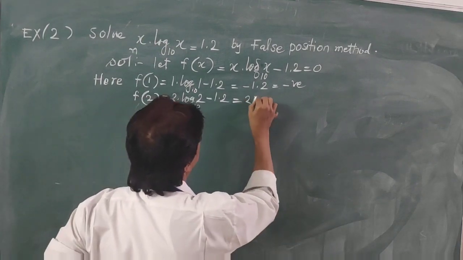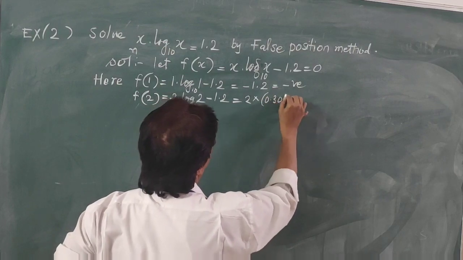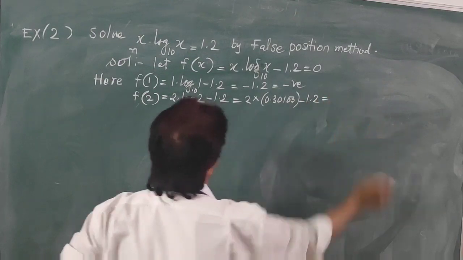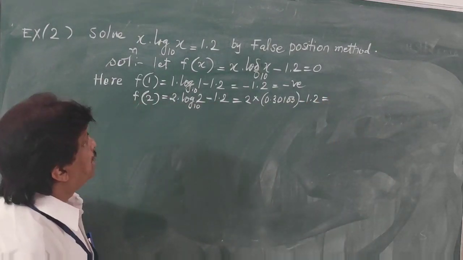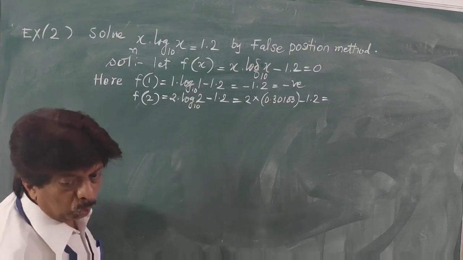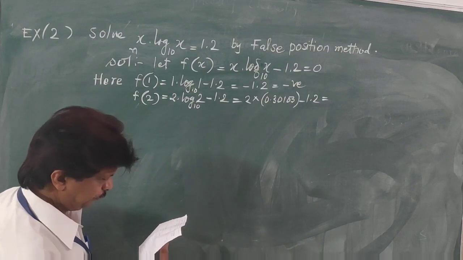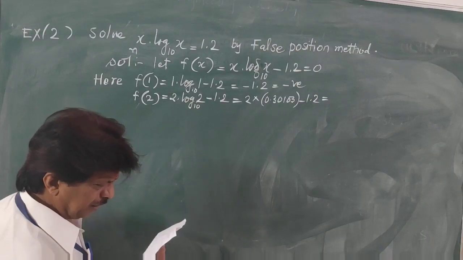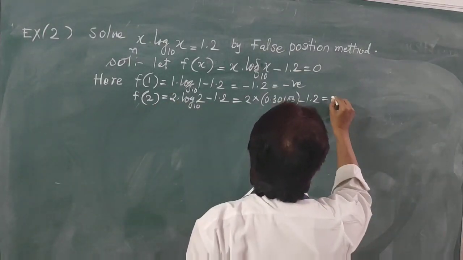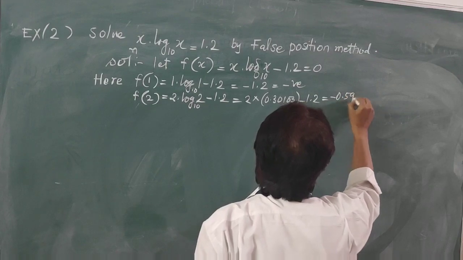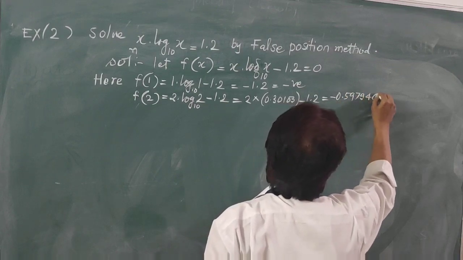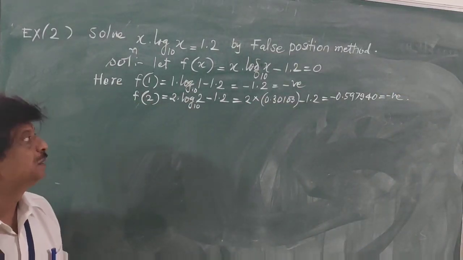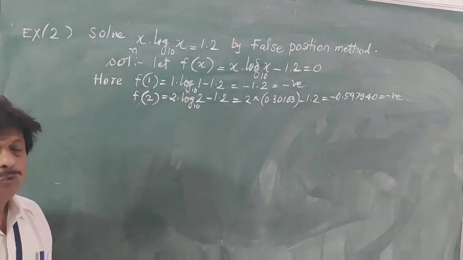So 2 times 0.30103 minus 1.2, so f of 2 is equal to minus 0.597940. It is also negative. F of 1 is minus 1.2, negative, f of 2 is also negative.